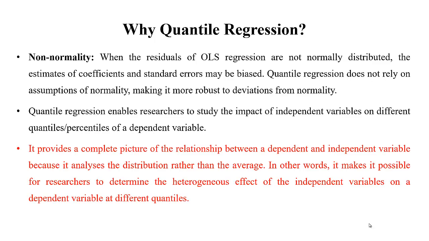So it provides a complete picture of the relationship between a dependent and independent variable, because it analyzes the distribution rather than the average. In other words, it makes it possible for researchers to determine the heterogeneous effects of the independent variable on a dependent variable at different quantiles.